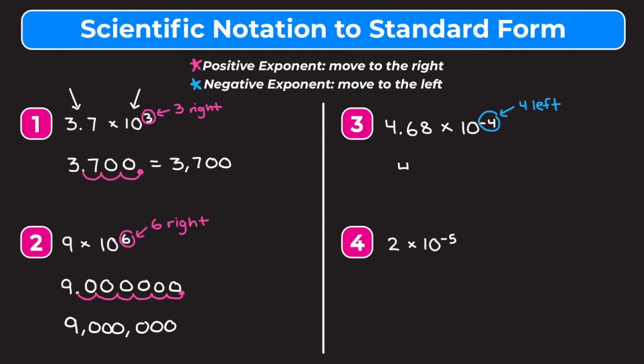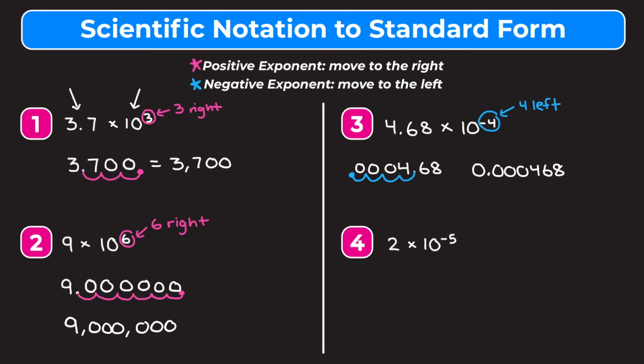I'm going to start by writing 4.68, and now I take my decimal point and move it 4 places to the left: 1, 2, 3, 4. It's going to end up here. I will fill in these spaces with zeros. So we get 0.000468 as our number written in standard form.